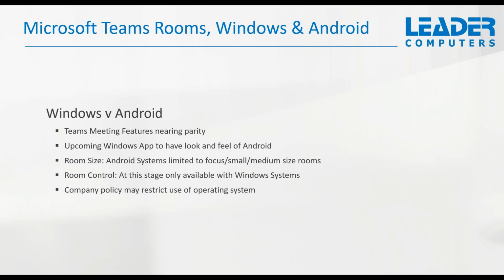Okay, one of the major differentiators we're seeing at the moment between Windows and Android is room control. Do you need room control? Do you need room automation in your MTR solution in your meeting room space? If the answer is yes, you need to use Windows at this point in time. On the Yealink MTR devices, there are APIs available for you to integrate control capability onto the M-Touch panel.